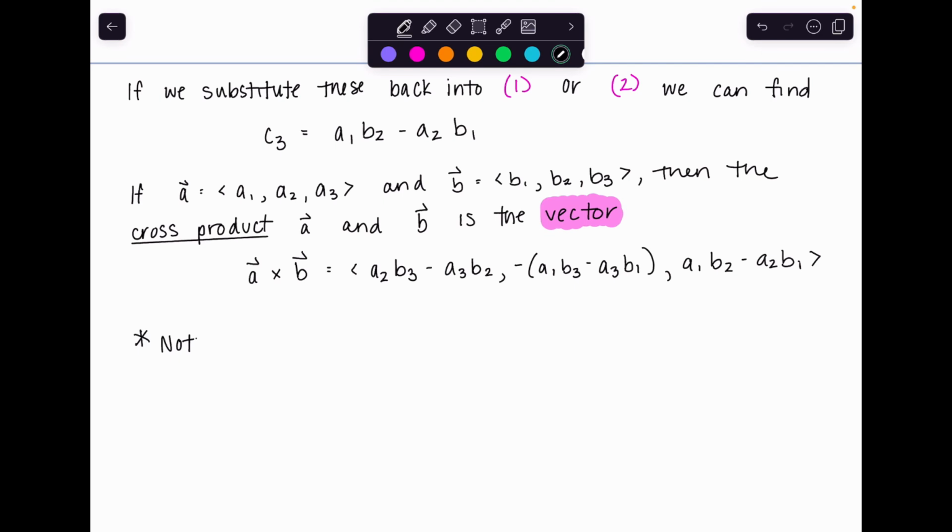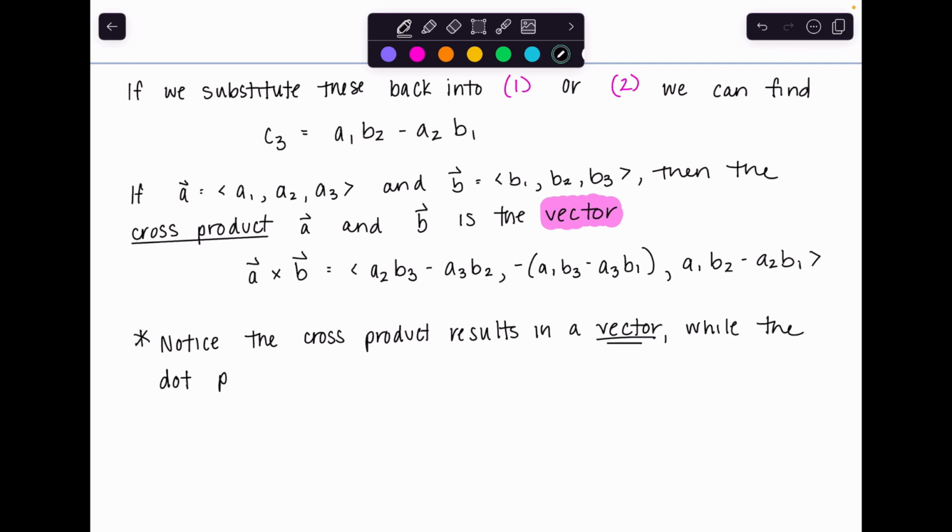So notice the cross product results in a vector, while the dot product results in a scalar.